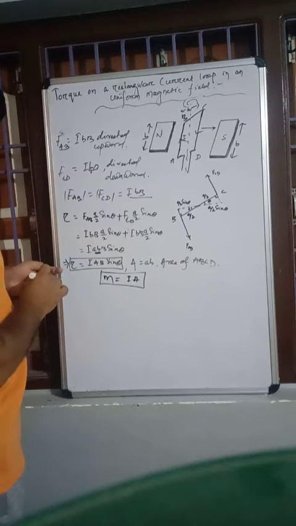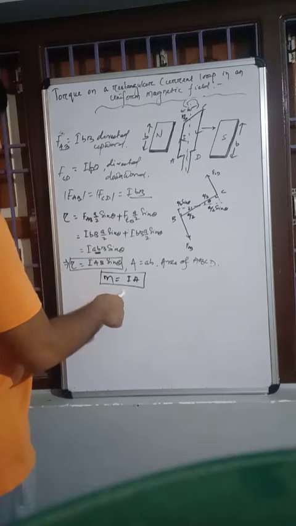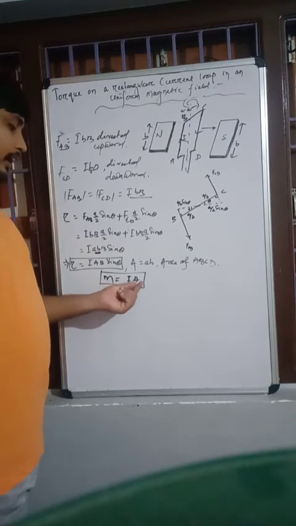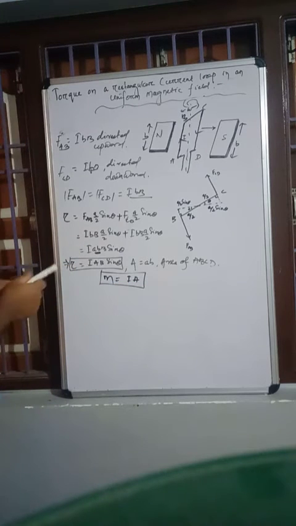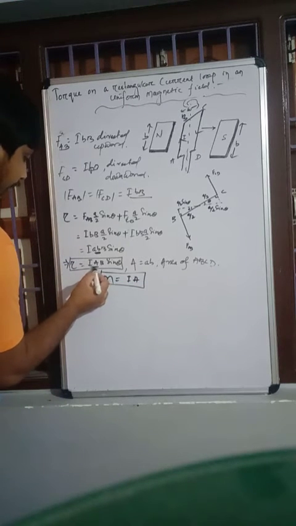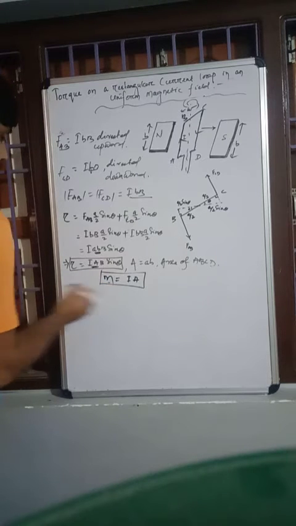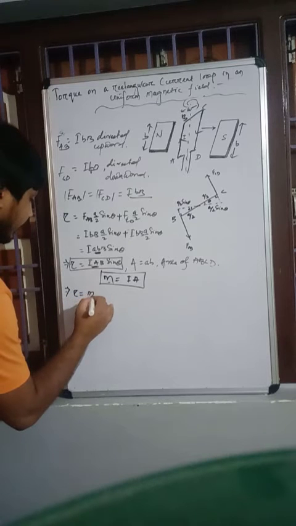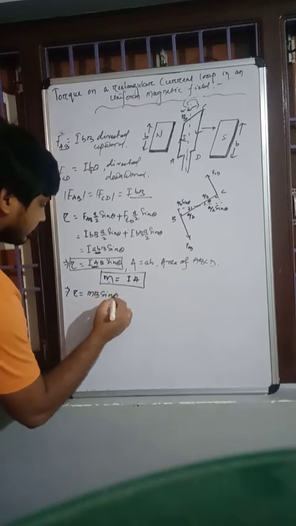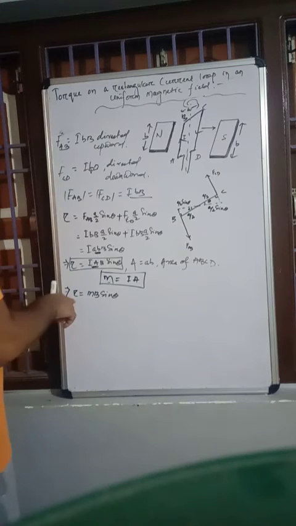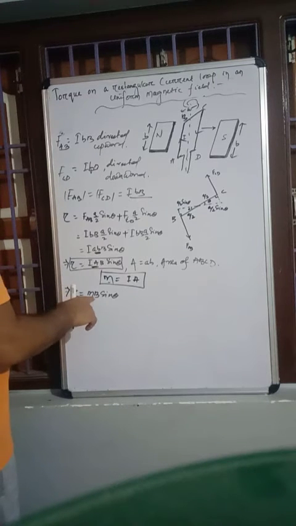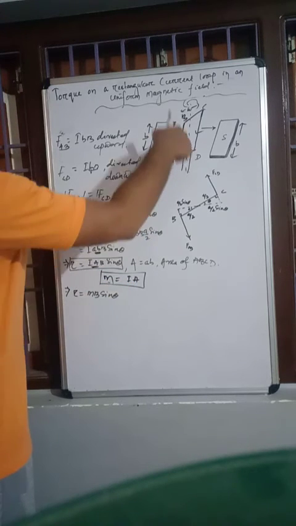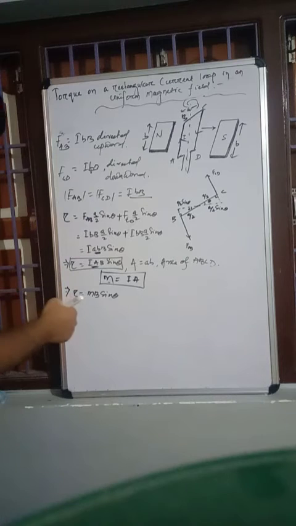In the next chapter we will be discussing this magnetic moment, but you just remember that the magnetic moment is given by M equal to I into A. So in the place of IA, I can write M. So tau will become MB sine theta. The expression for the torque will now become MB sine theta, where M is the magnetic moment of this loop.